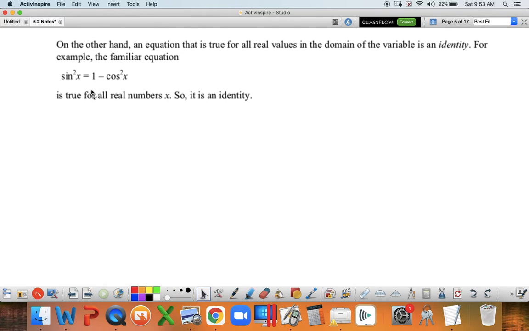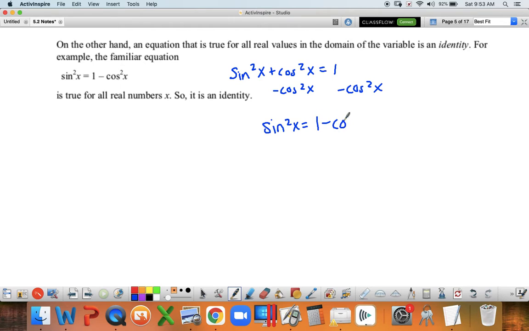For instance, our Pythagorean identity says sine squared x plus cosine squared x equals 1. This is what we start with. And I say, okay, let me move the cosine squared over to the other side. And now I have basically a new identity.